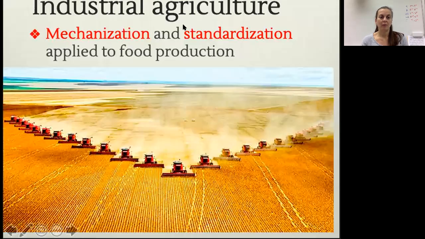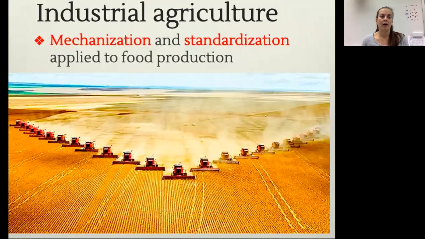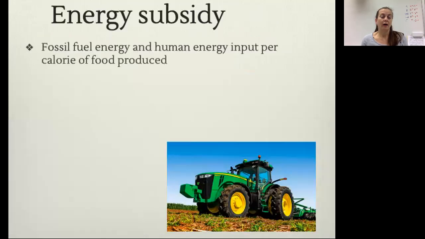So the same processes that came with the Industrial Revolution of mechanization and standardization now are being applied to food production. And one of the key things that we talk about when we talk about industrial agriculture is this idea of the energy subsidy, or the idea that for every calorie of food produced, there is some energy that goes into that.